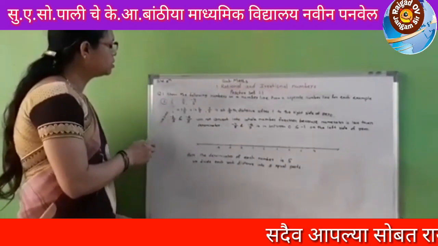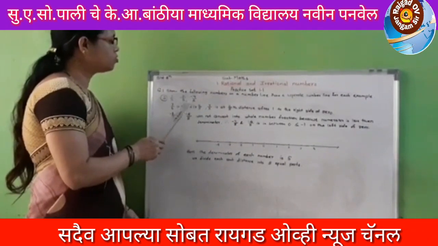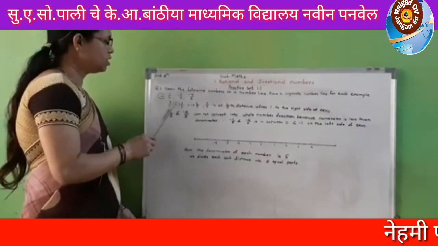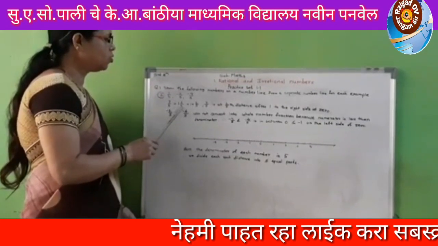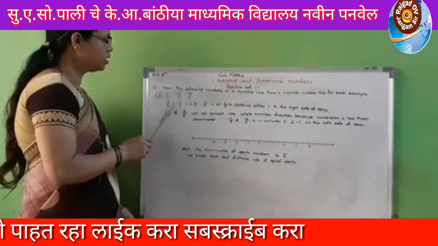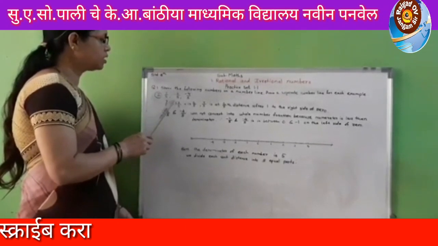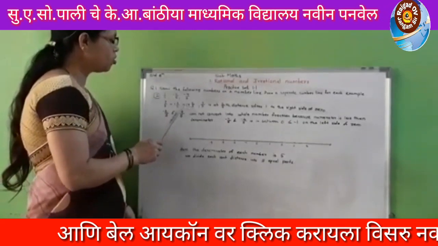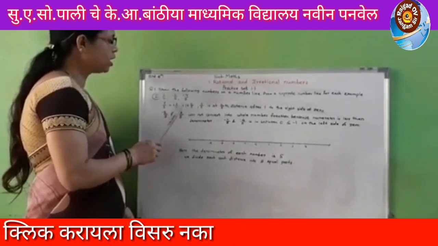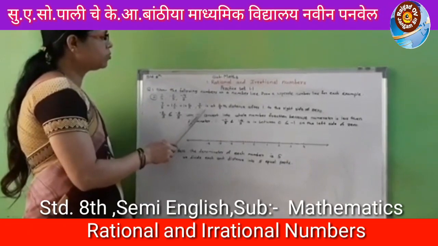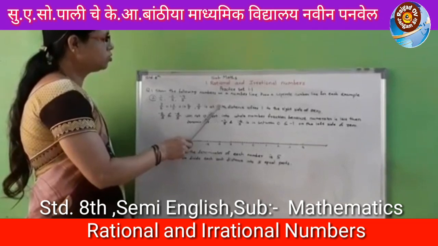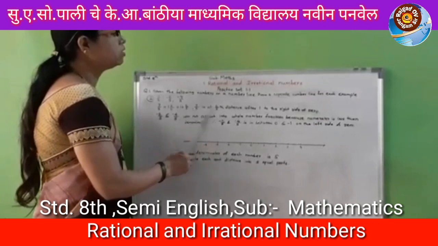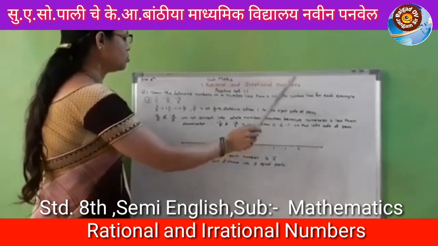Second example, 7 by 5, minus 2 by 5, minus 4 by 5. Convert 7 by 5 into whole number fraction. 5 1s are 5. 7 minus 5 remains 2. It can be written in addition form, 1 plus 2 by 5. 7 by 5 is at 2/5 distance after 1 to the right side of 0.